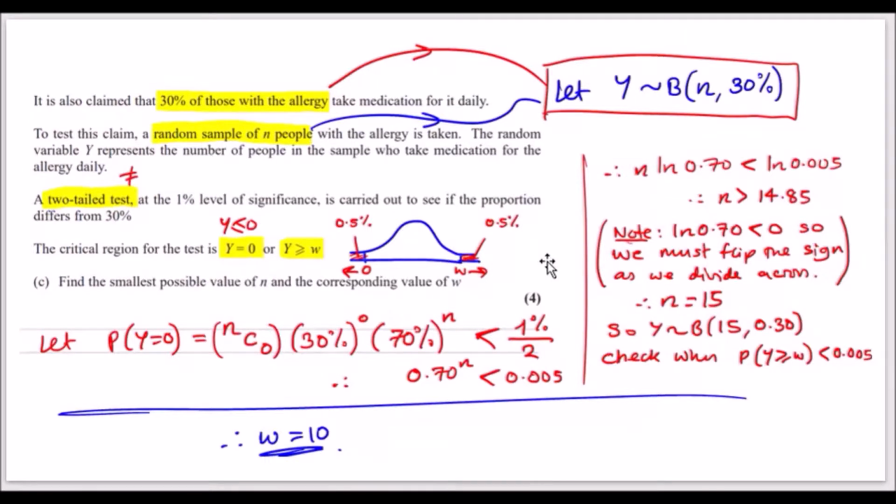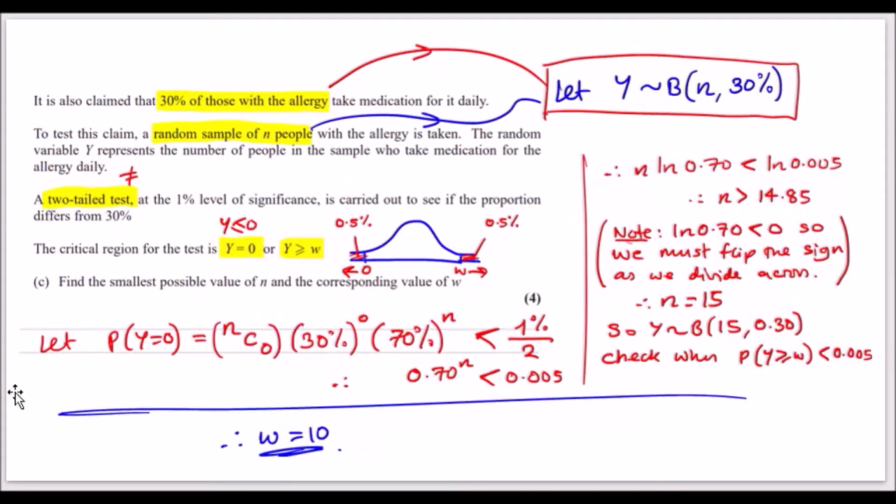What I did here is that because we were already given one value, Y equals 0, as part of the critical region, we can say this probability is less than 0.5%.